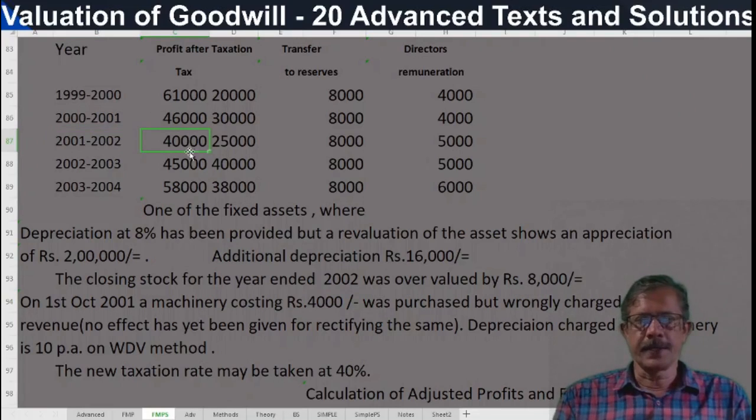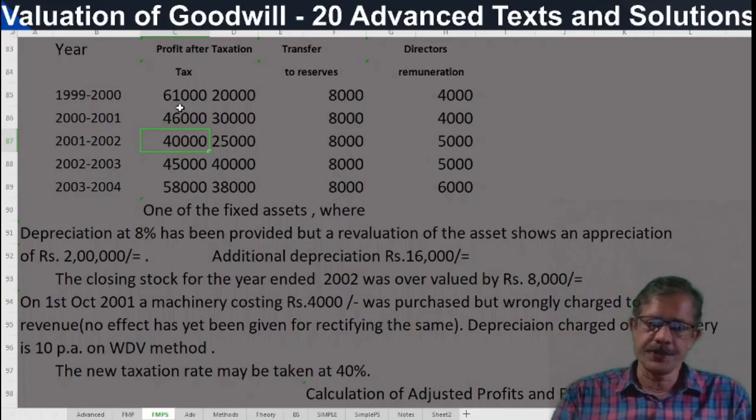A capital item treated as revenue. The profit is understated. So that should be added back. Then depreciation on 4,000 rupees for half a year should be provided for the first year, and a full year should be provided for the subsequent years.